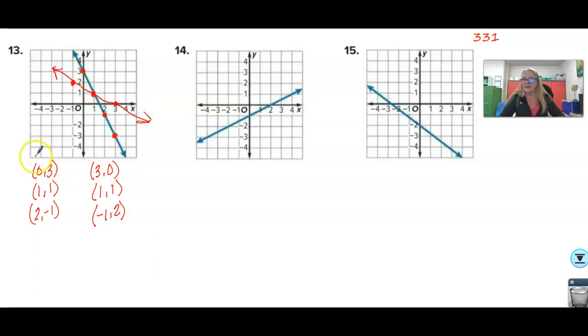Not bad. Here's my y equals x line. And so basically this point is over here and this part is over here now. Pretty cool.